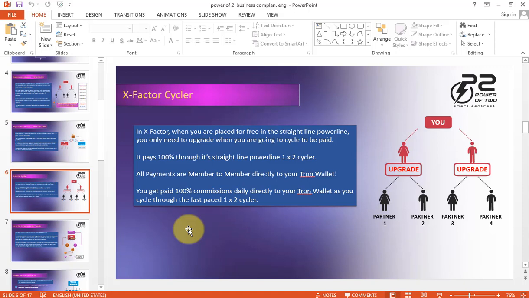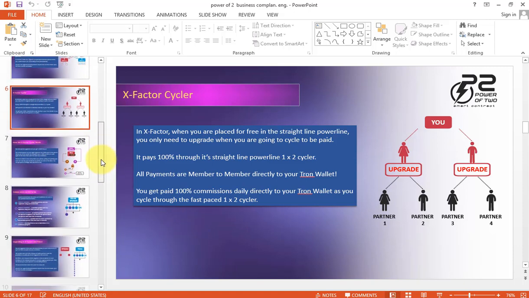Once that time period is due and you still haven't upgraded, guess what? You are placed back into the power line, and this time placed all the way down at the bottom. So if there are thousands of people that were behind you, meaning if you failed, you will go all the way down to the 1001st person in that power line network, but it's a shame. So that is it, by the way. Let's move on to the next page.